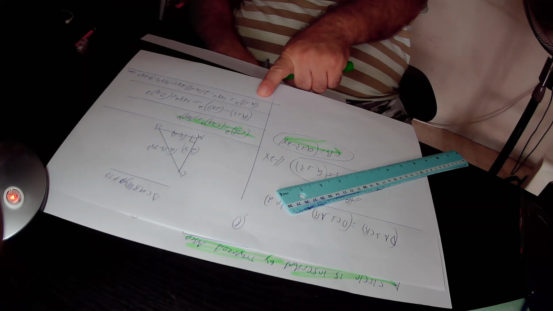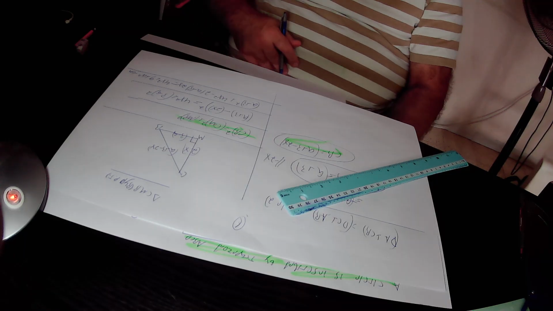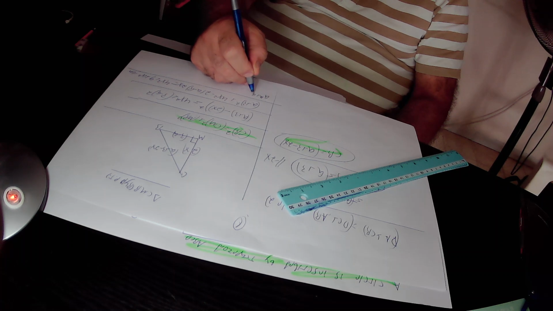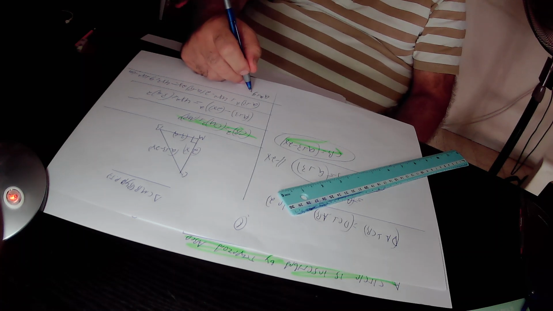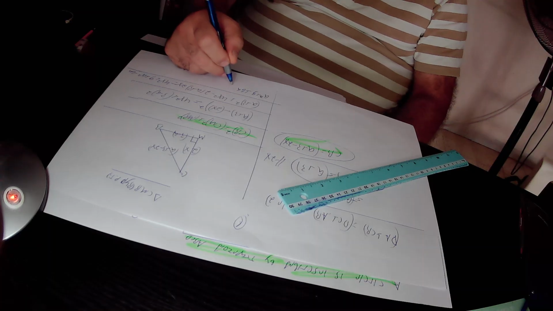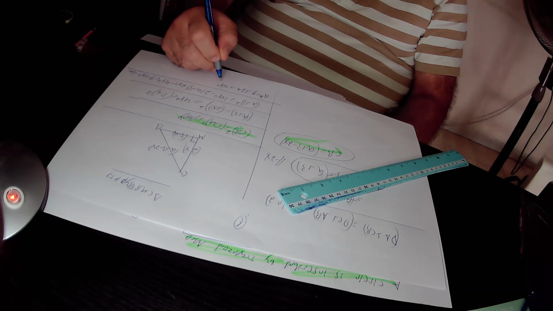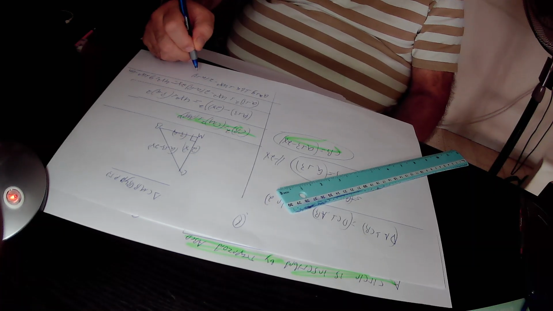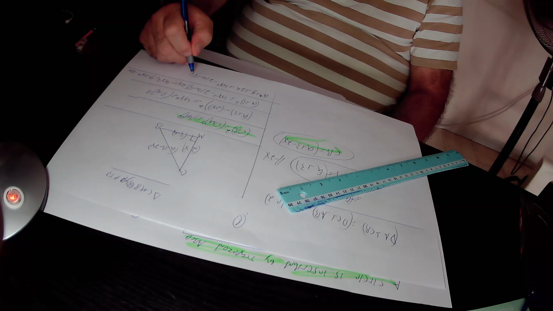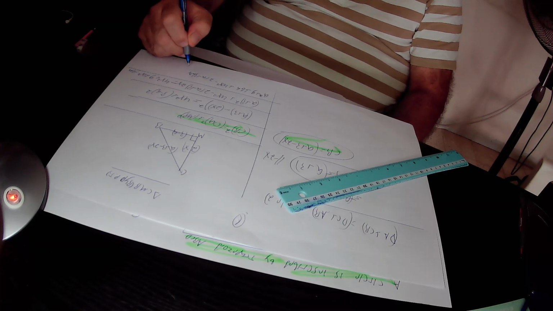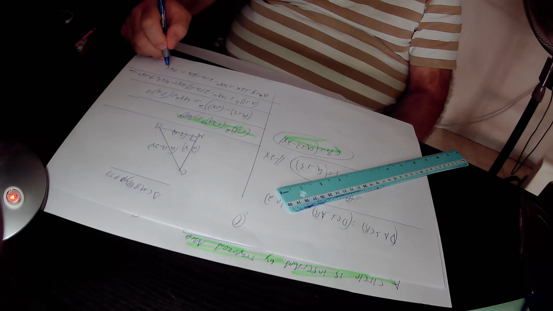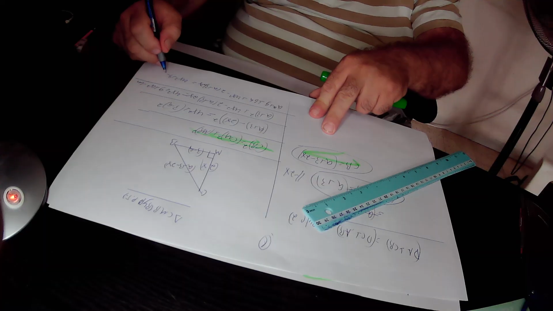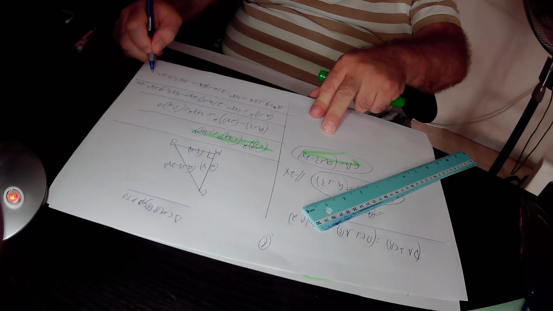We open the brackets of this expression and we get that (a plus 3) squared equals a squared plus 3 squared, that is 9, plus 2 times a times 3, that is 6a, plus 4x squared minus 2 times (a plus 3) times 2x equals 4x squared plus 9 plus a squared minus 6a.